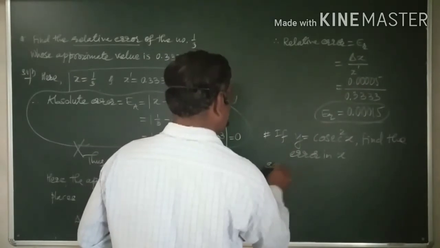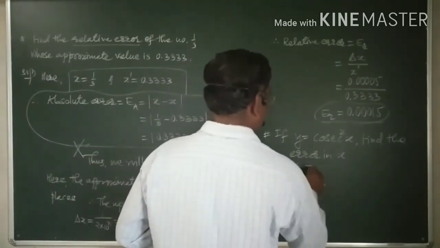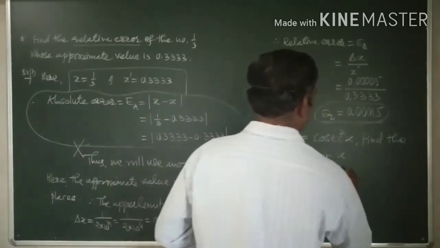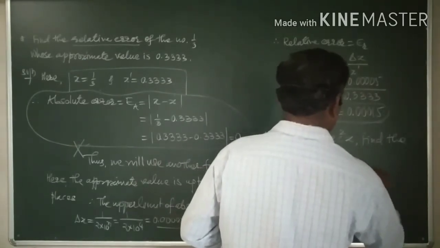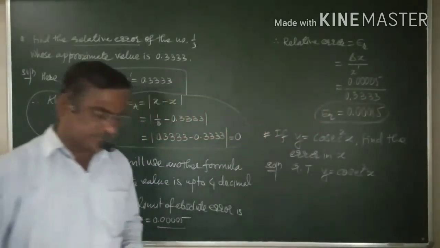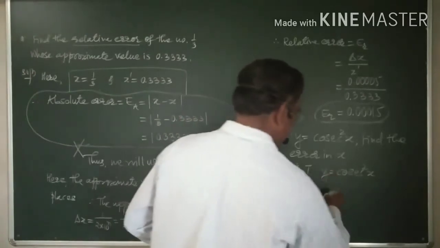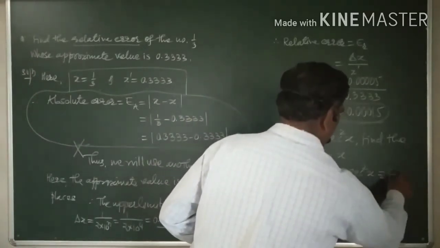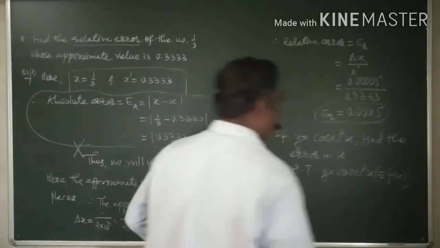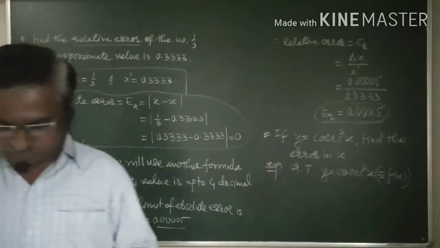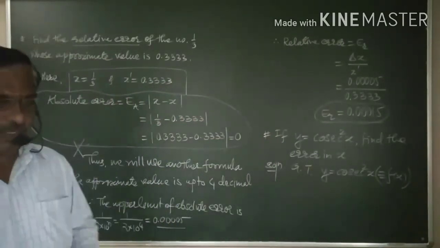How do we go for the solution? What is given? Given that y is equal to cosec square x, and say this is equal to f of x. And we know the formula for finding it.